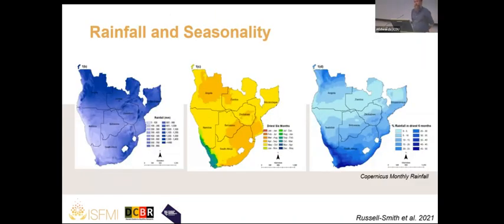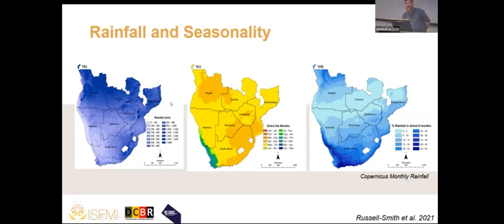So with developing the methodology, I was hoping sometime this week that somebody would put up a slide of what the rainfall and the environment is like in Australia, but it's extremely similar. This part of Africa is extremely similar to Australia. If we're looking at rainfall and seasonality, it's almost the same.